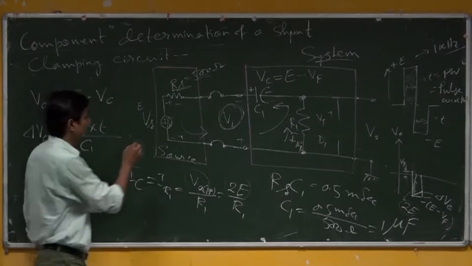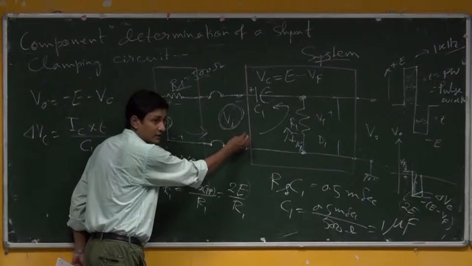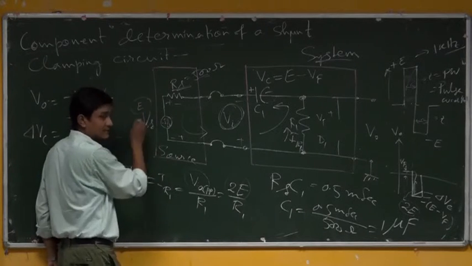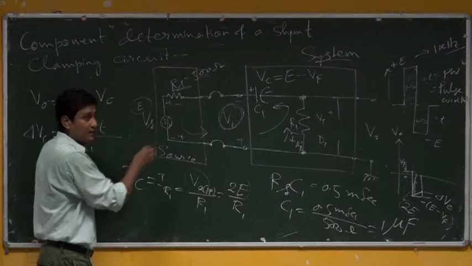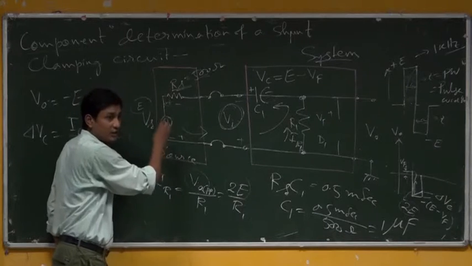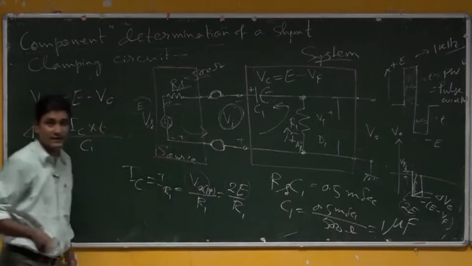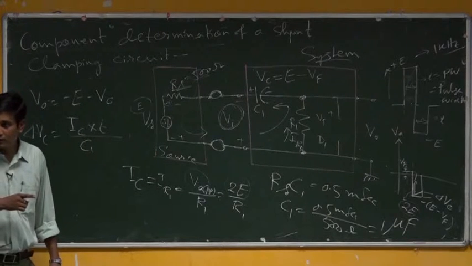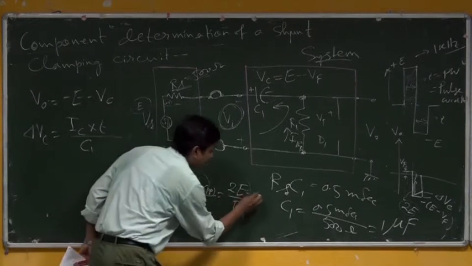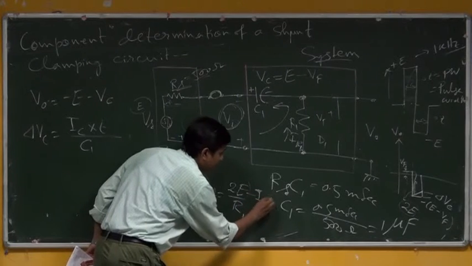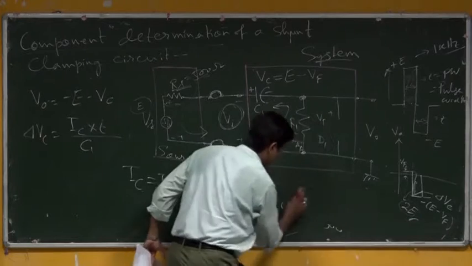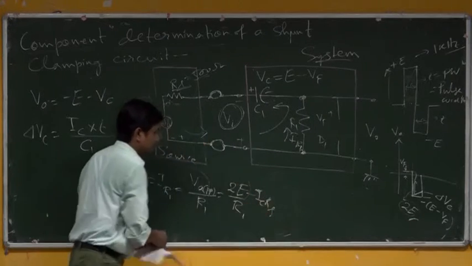So if I want to make it similar to the earlier discussion, then I have to consider not Vs as plus E or minus E, but minus of this potential which has come to this point as Vi, like in the earlier class. So basically the potential here has become Ic into Rs.